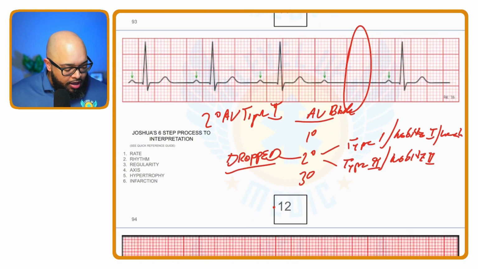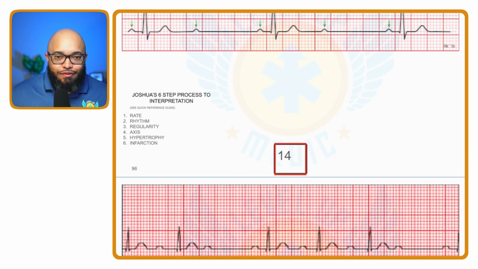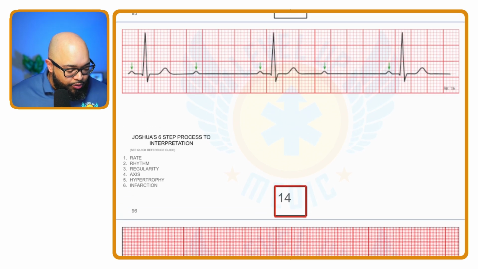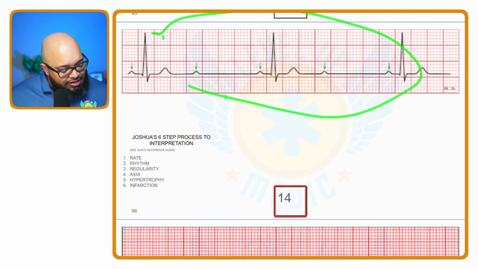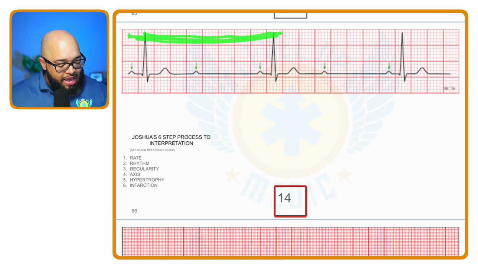You got it? Now, I'm going to skip 13 for a moment, and I'm going to go to 14 because I want to point out some differences. So number 14, we're going to scan this rhythm. First thing, let's always start with step number 1, and we're looking for the rate. But immediately I can see that something's crazy here. One thing that jumps out at me is this distance here. That's really slow, okay?